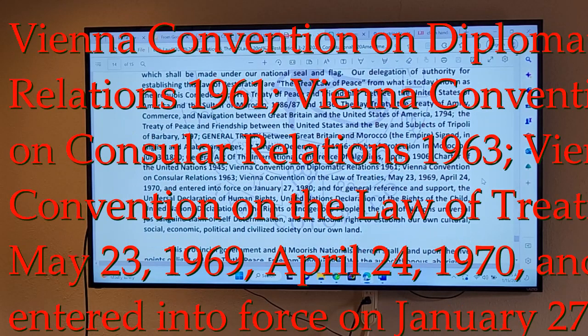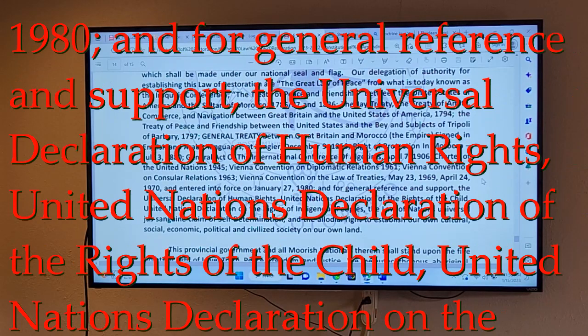Vienna Convention on Diplomatic Relations, 1961. The Vienna Convention on Consular Relations, 1963. The Vienna Convention on the Law of Treaties, May 23rd, 1969, April 24th, 1970, and entered into force on January 27th, 1980.